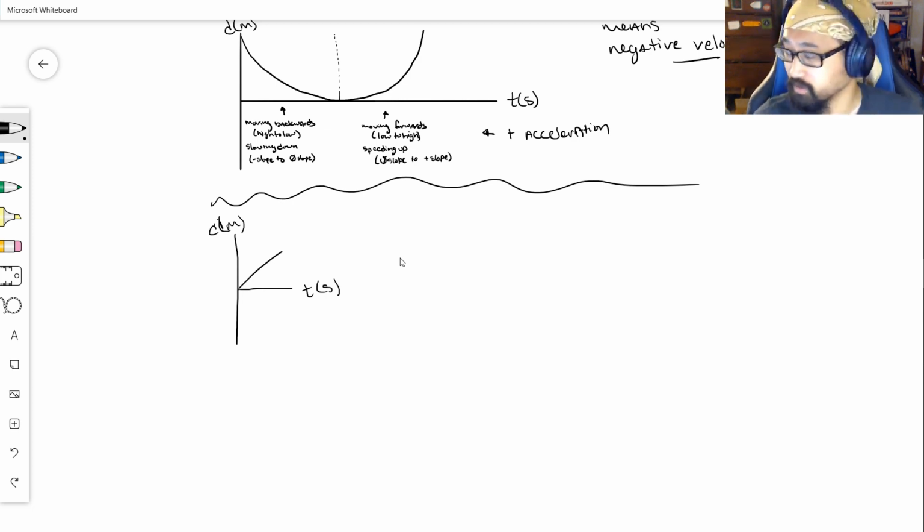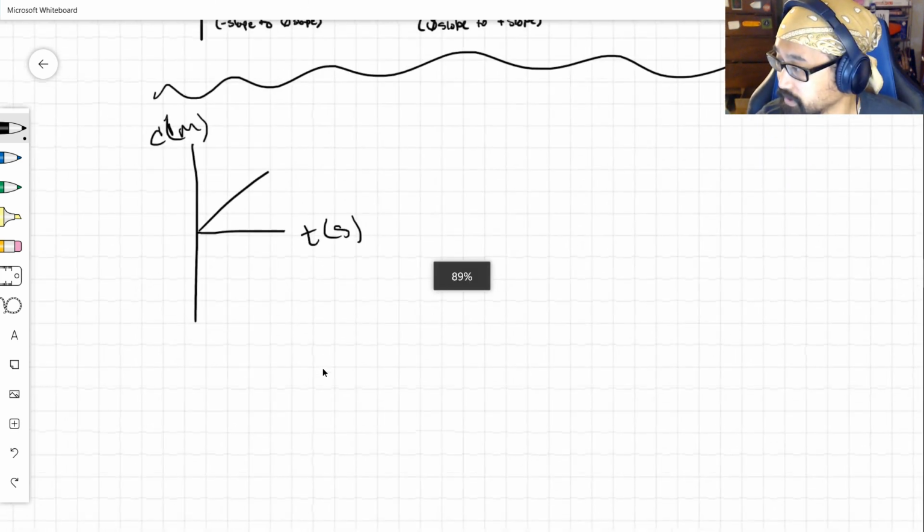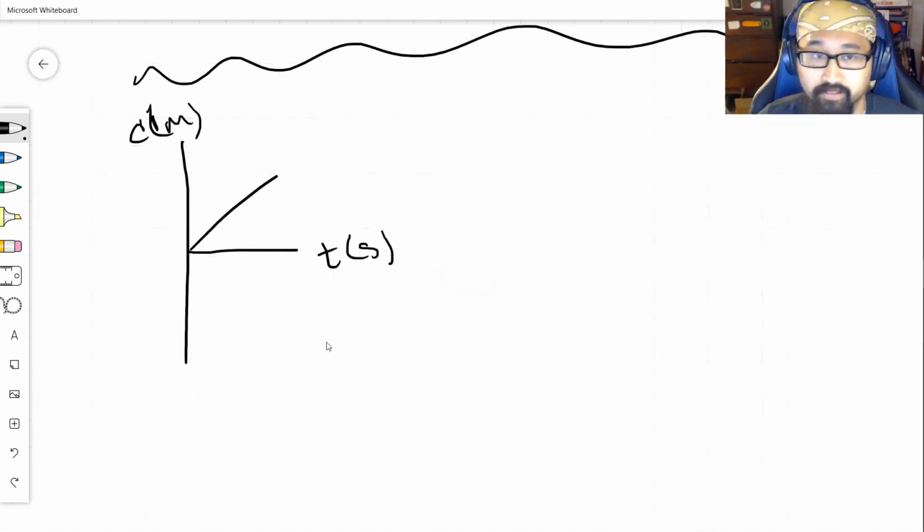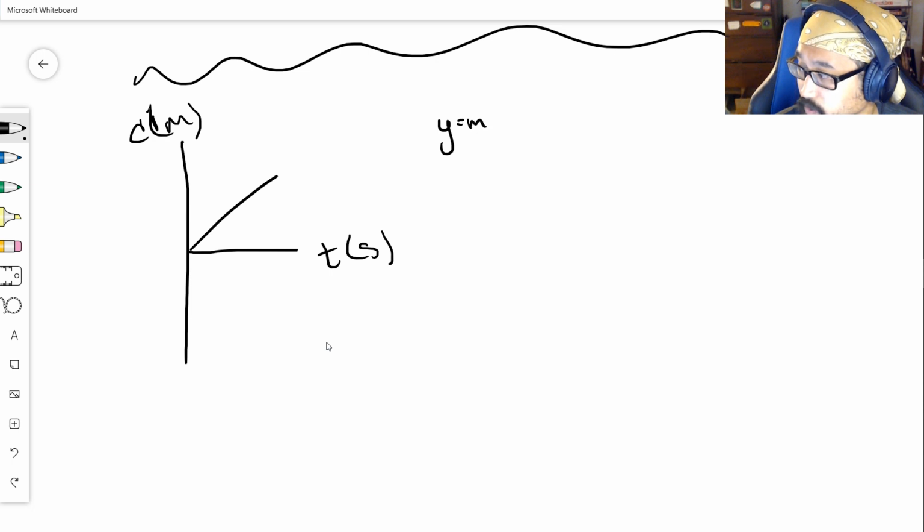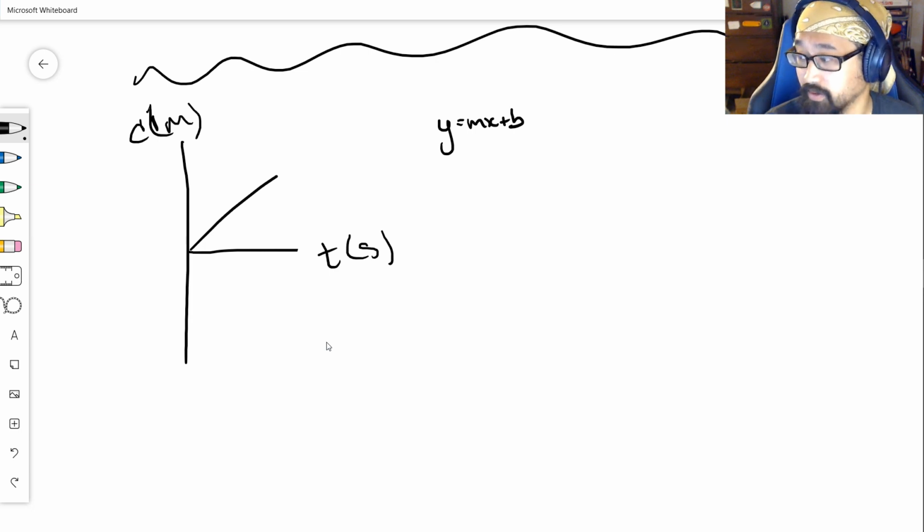I tried to draw it as a relatively straight line. The reason I drew it as a relatively straight line is because lines are typically in the form y equals mx plus b, right? And we talked about this distance time graph, and how the velocity can be represented by the slope of the graph. So m is the slope of a graph, right?